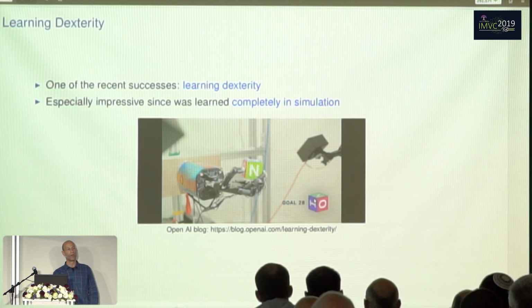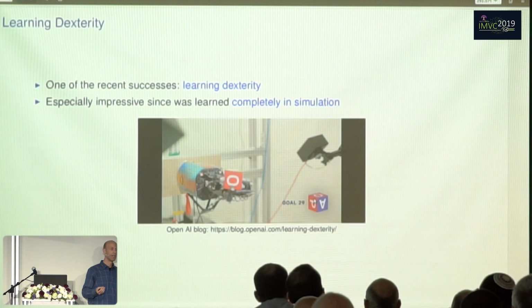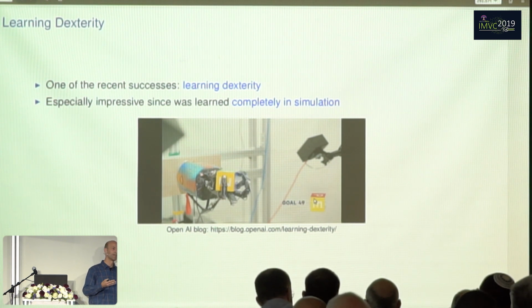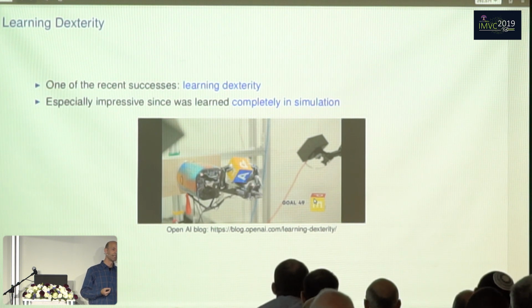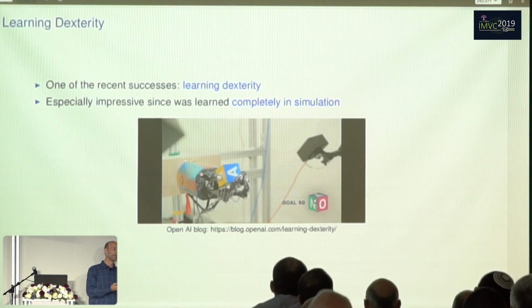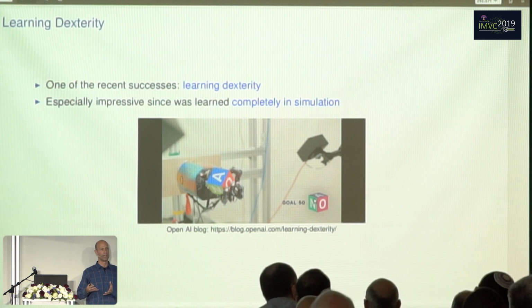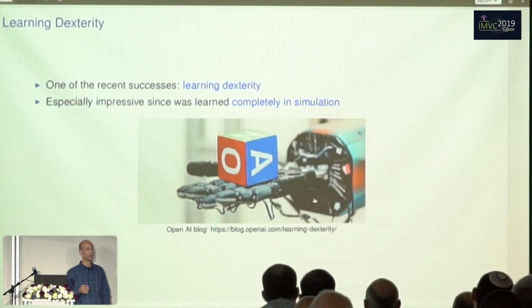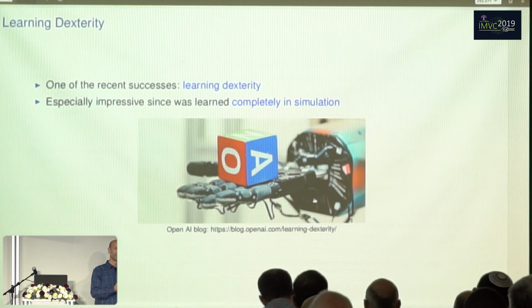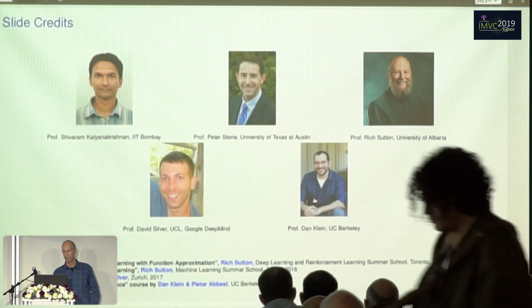Using simulation to learn allows us to get lots of data because we can run many jobs on a computing cluster. The problem is that typically something that was learned in simulation does not transfer to the real world because of the discrepancies between simulation and the real world. And here, using several clever tricks, they were able to enjoy the lots of data they can get from simulation and apply it as is in the real world.